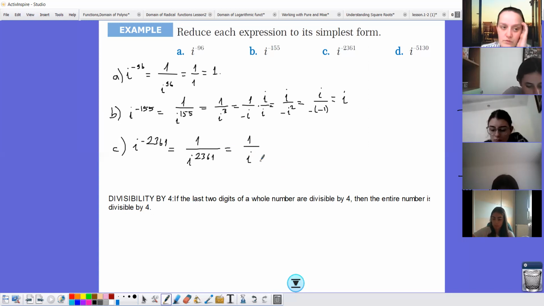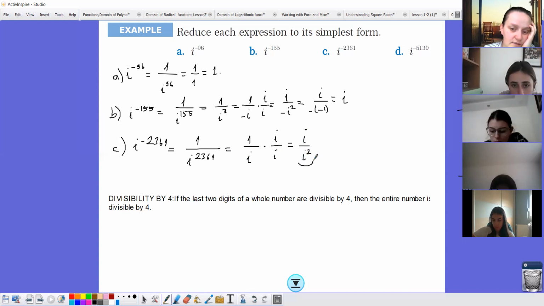Then we'll multiply by I, and it will be I over I squared. What is I squared? Minus 1. I over minus 1 will be minus I.